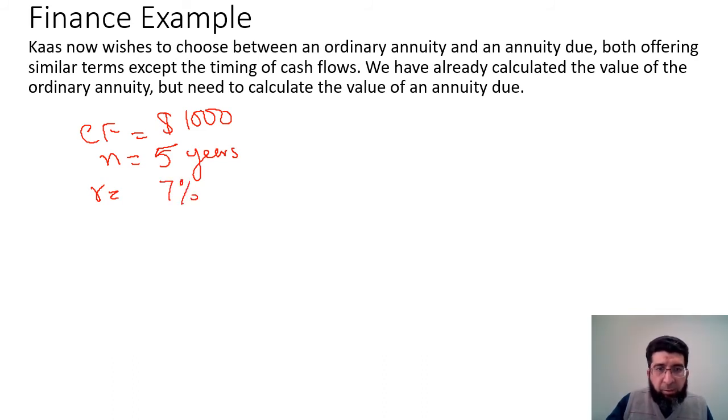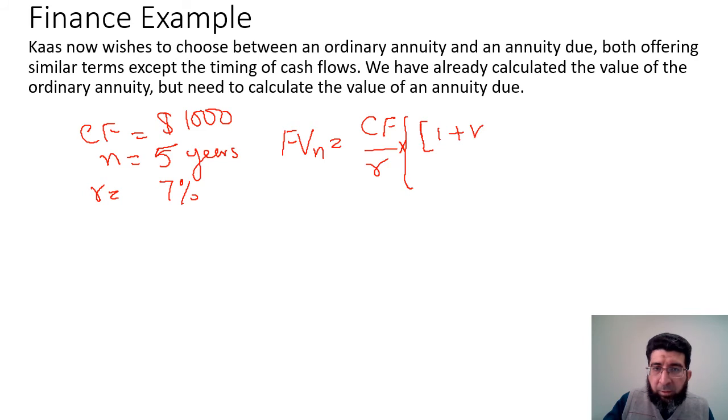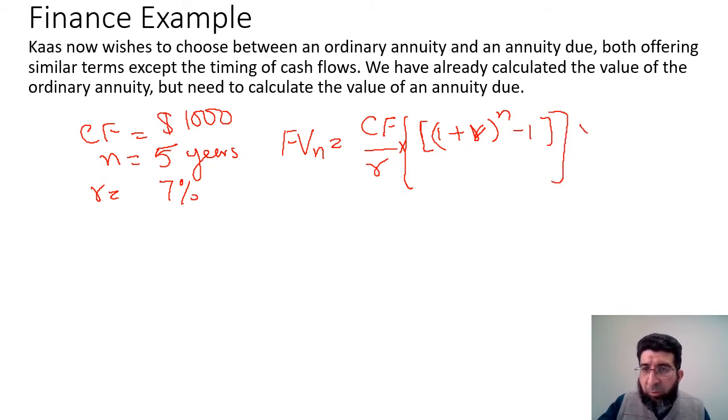The formula for estimating the future value of an annuity due is CF over R, times 1 plus R to the power N minus 1, and then since it's an annuity due, we multiply by 1 plus R, an additional factor.